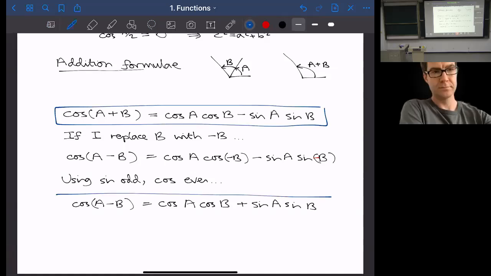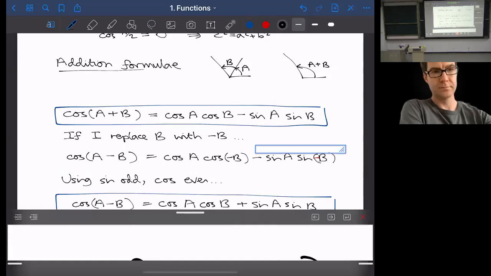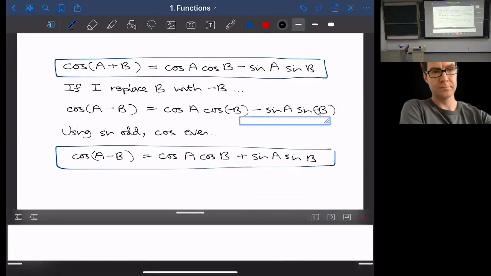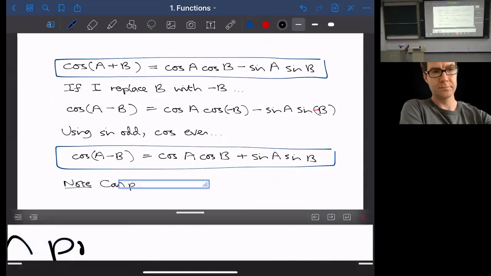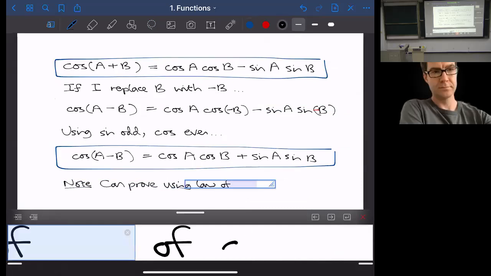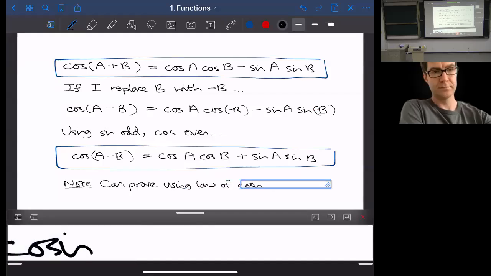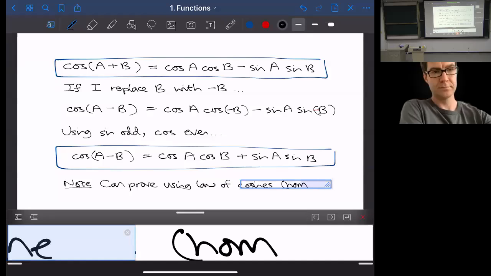So we have these two formulae. So note, can prove using law of cosines, and that's in this week's homework.